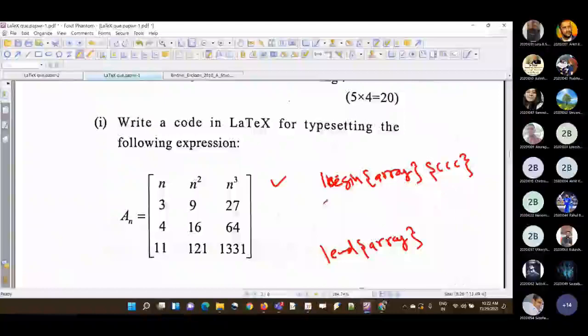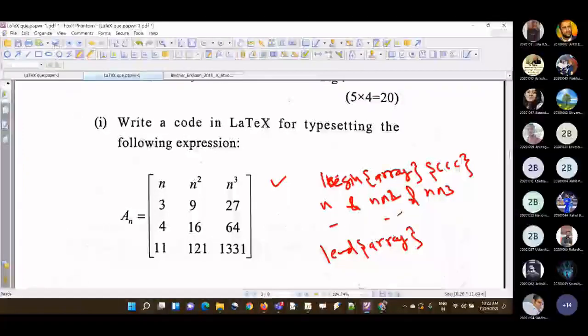You write here n cube, n square, and then n cube. And of course, not dollar, but you have to write here the ampersand sign to separate. Similarly, you have to write like here. This ampersand sign, not dollar. So the third row also you can write like this.